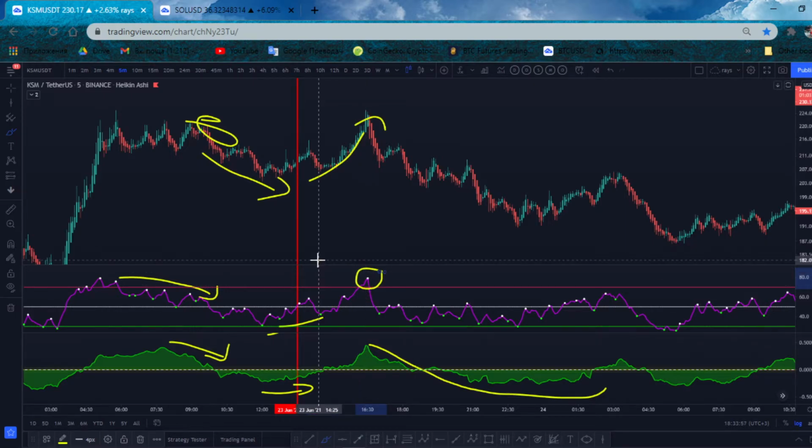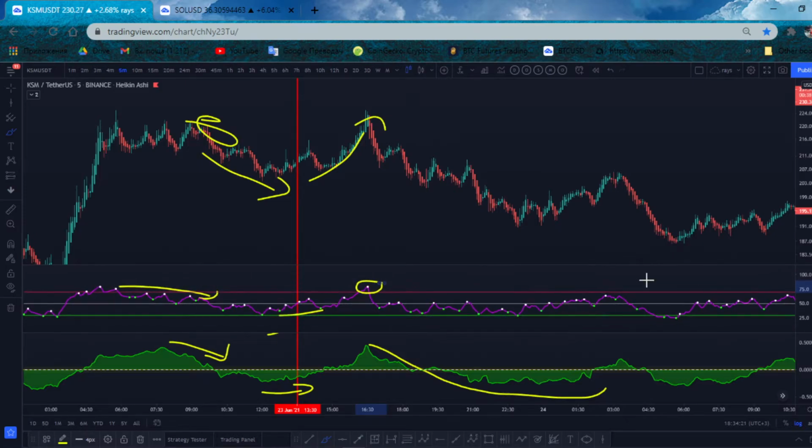It's not that big of a rule, but from my observations, when the RSI makes a very high top, this here is almost 80, and there are examples where it goes almost to 90, 95, let's say.